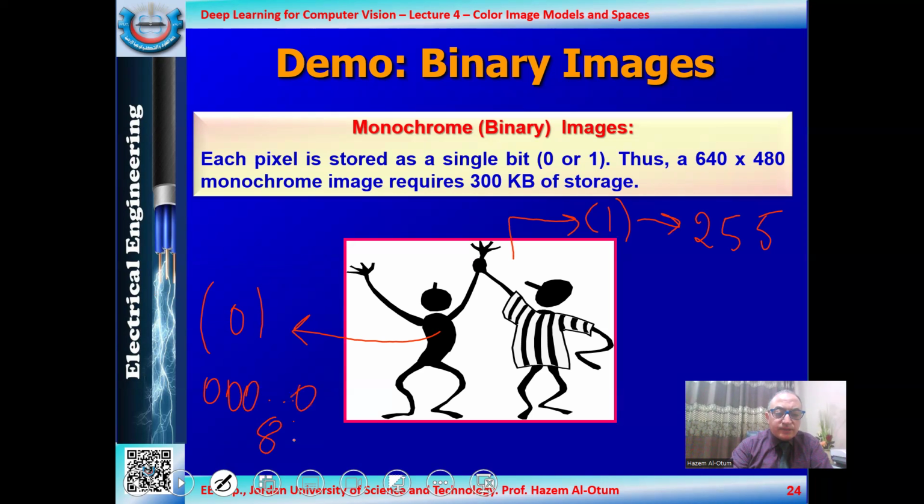So we have 8 bits for 0, and here we have 8 bits for white. So when you store a binary image, when you reconstruct it, or when you display it on a screen, the screen or the program will convert the 0 into 8 zero bits, and the 1, which is 255, the maximum gray color, which is white, will be 8 ones, and we get 1 byte of 8 bits having all values of 1.